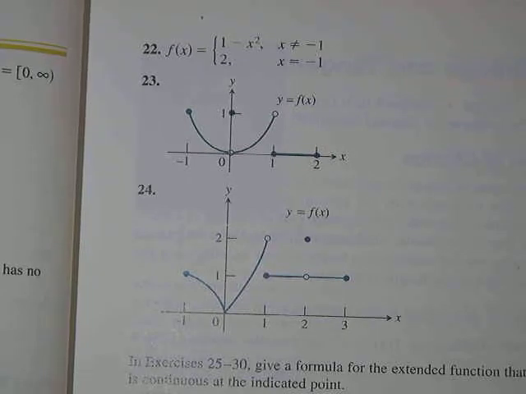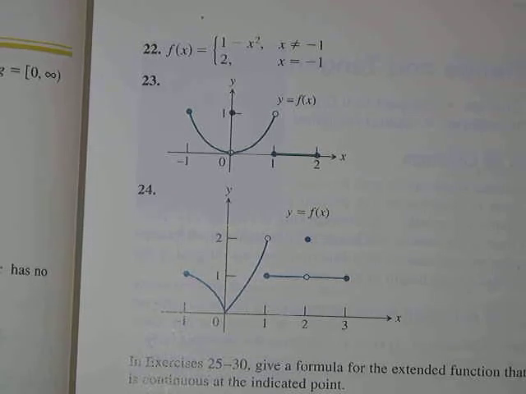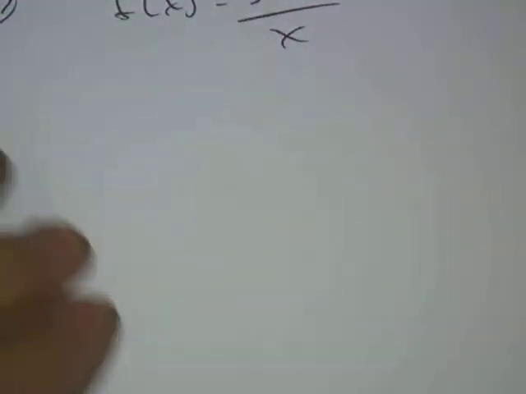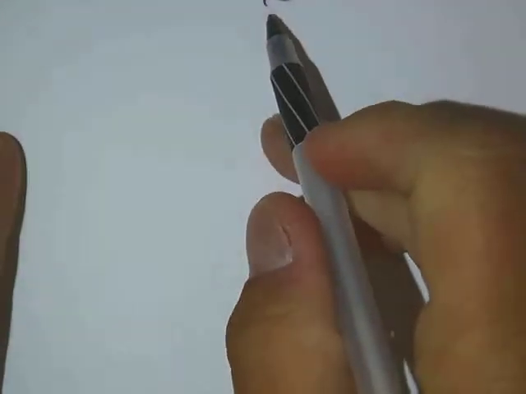All right. How about the next part, 25 through the end? On 27, they ask us to write the extended function for f of x equals sine x over x. Ultimately, we know we have an issue here at 0.